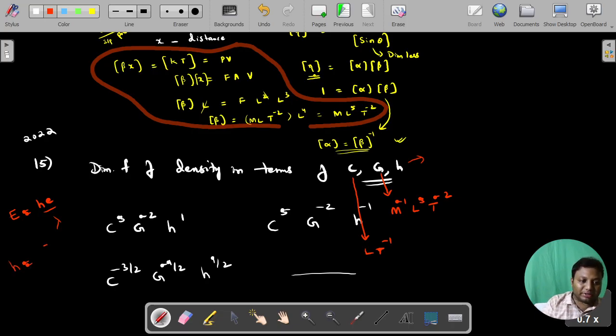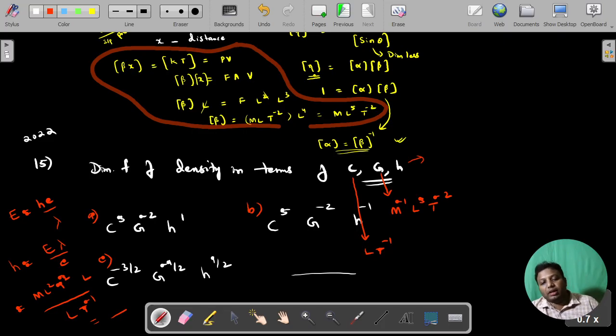H can be written as E lambda by C. So from this you can write ML square T minus 2 into L divided by LT minus 1. So from this you can get the dimensional formula of Planck's constant.